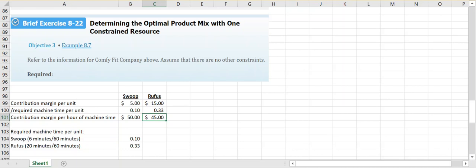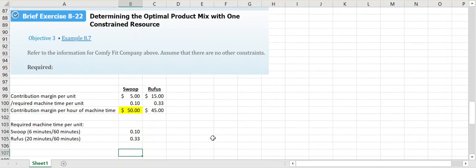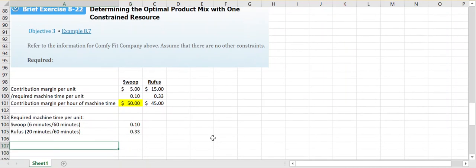So if the only constraint that we have is a resource, we want to go with whichever product would give us the most money per constrained resource. In this case, my Swoop sweatshirt is going to make us more money per hour. So with no other constraints, we should be spending as much time as possible making the Swoop sweatshirts only.